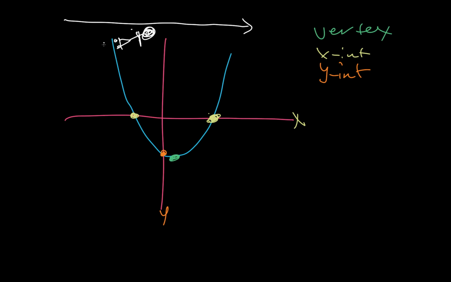So on this function, we actually start by going down. We're going to go down until we hit the vertex, and then from the vertex all the way to infinity, we are going to be increasing, because from there to there, we would be traveling uphill.